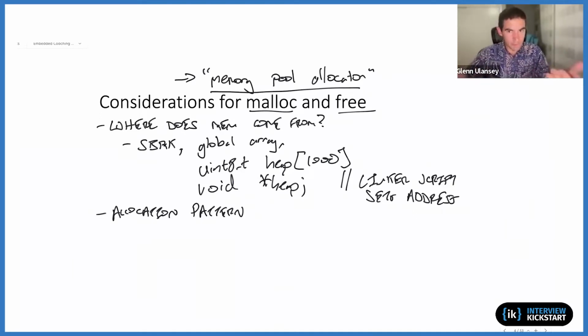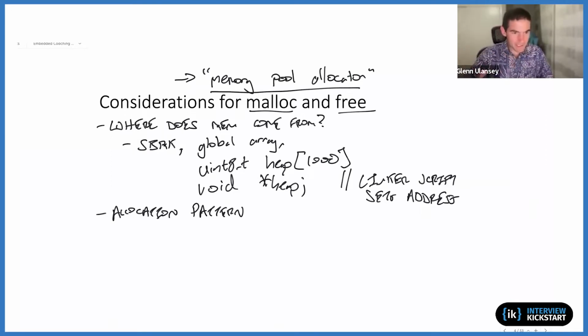And in the real world, if you were implementing malloc and free, you would come up with a design that matched the allocation pattern that you expected. So ask the interviewer, what allocation pattern should I expect? And hopefully digging into that a little bit will help you come up with a good design.